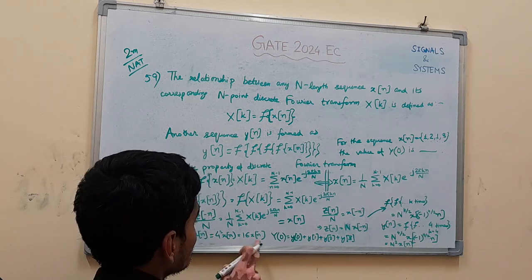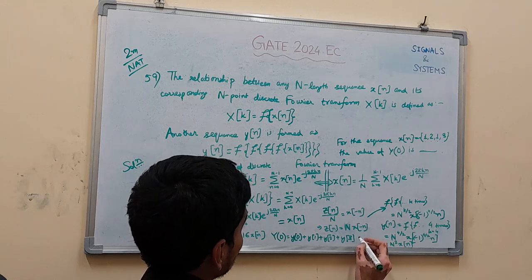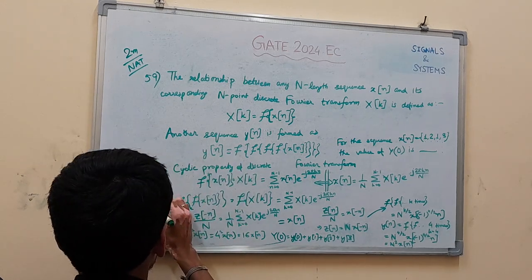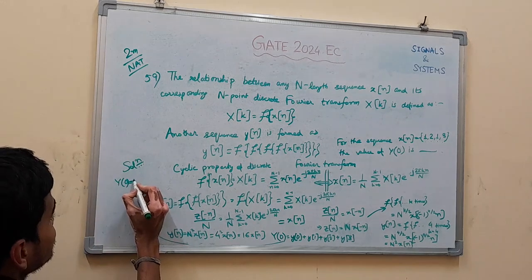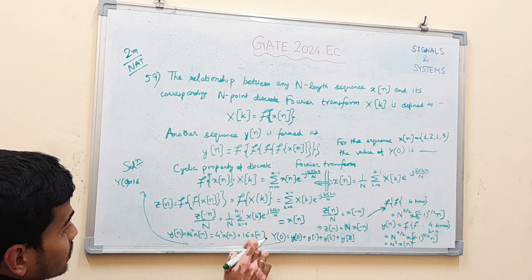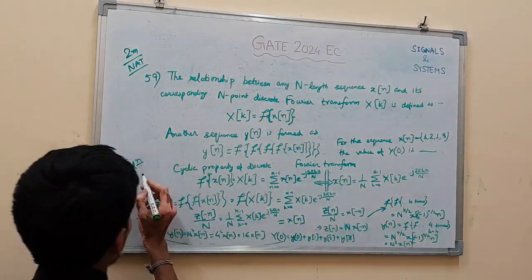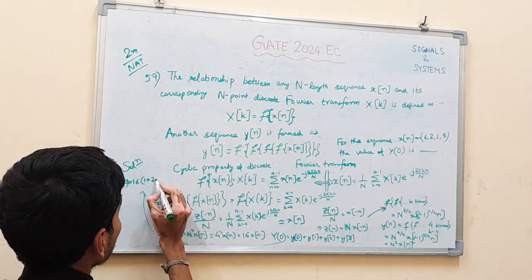और y क्या है, y of n क्या है, 16 x of n, तो बेसिकली ये हो जाएगा कितना, y of 0 आपका हो जाएगा बेसिकली 16 टाइम्स, क्योंकि 16 कॉमन है, x0 plus x1 plus x2 plus x3, मतलब 16 टाइम्स 1 plus 2 plus 1 plus 3.